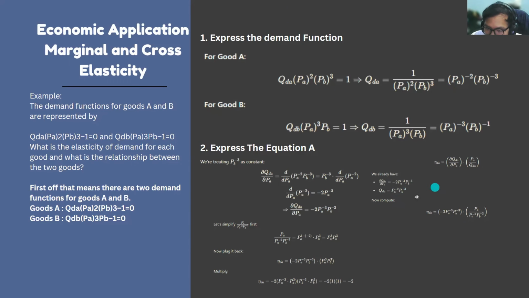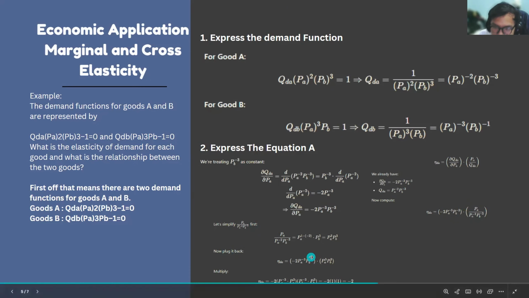Now compute elasticity dA equals in parentheses minus 2 PA power minus 3 PB power minus 3 times in parentheses PA per PA power minus 2 PB power minus 3. Let's simplify first the PA per PA power minus 2 PB power minus 3 first, okay?